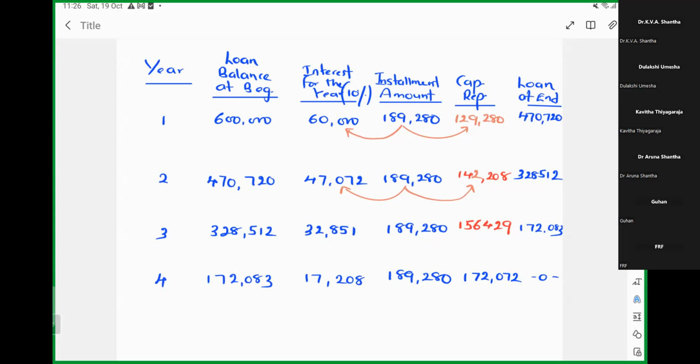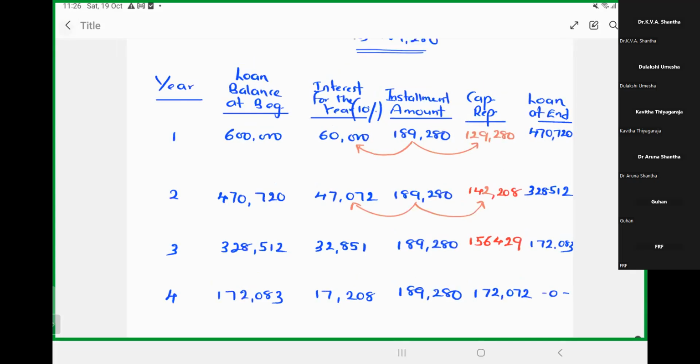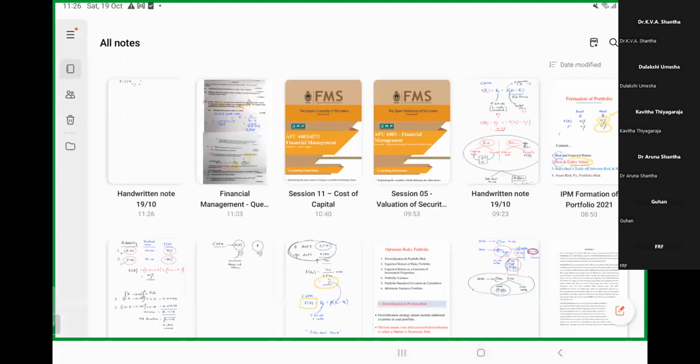Any question? So you should practice the loan amortization schedule preparation. Then the third part is how much total interest paid during the 4-year period. So from the amortization schedule, you can calculate the total interest.